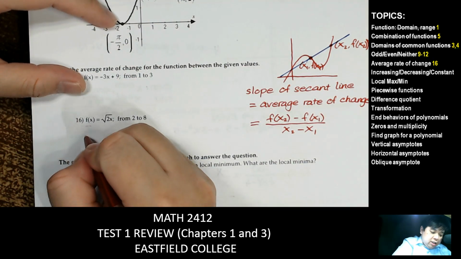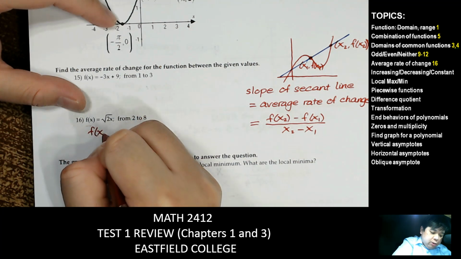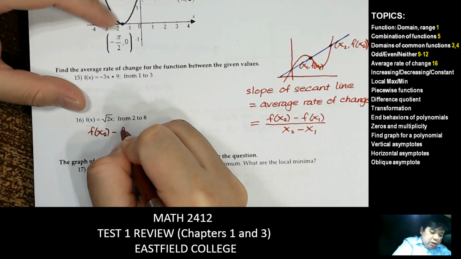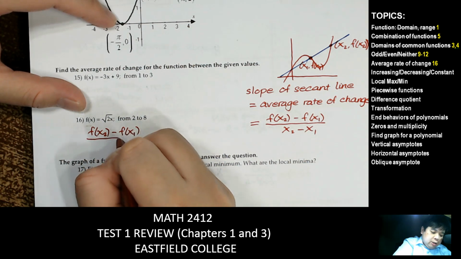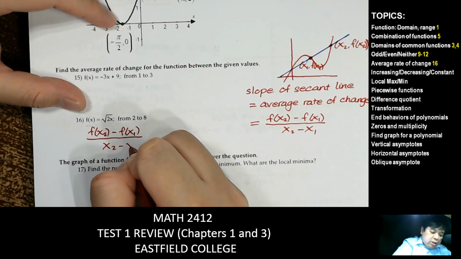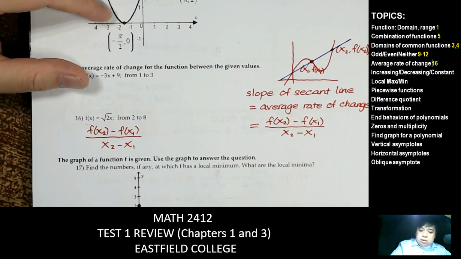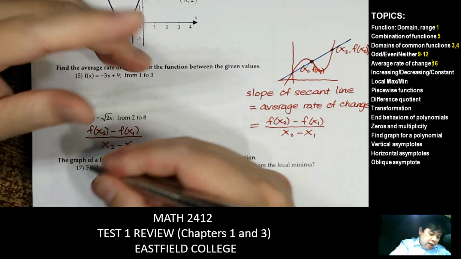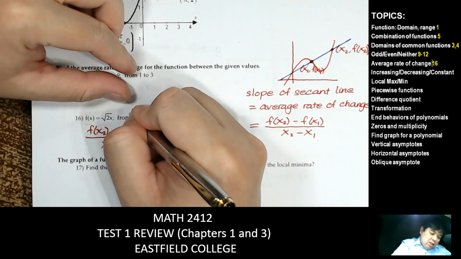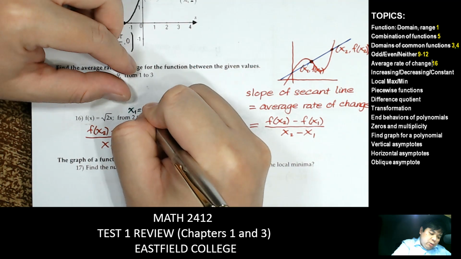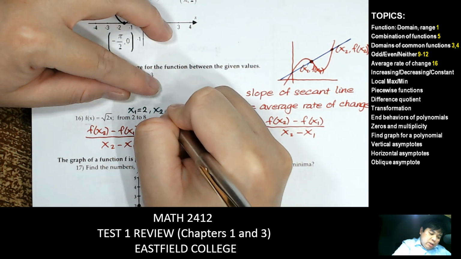So it is f of x2 minus f of x1 over x2 minus x1. We have 2 points. So let's say x1 is 2 and x2 is 8.